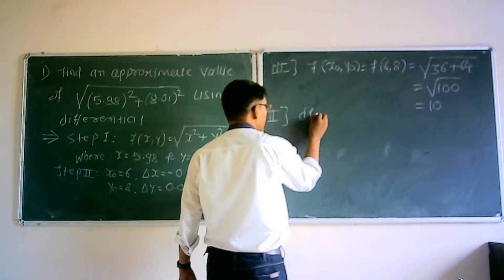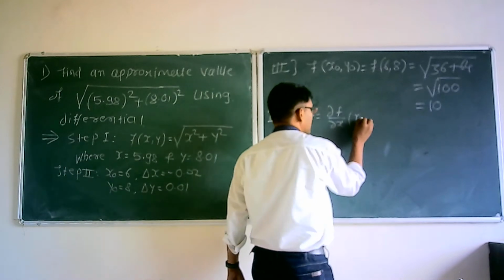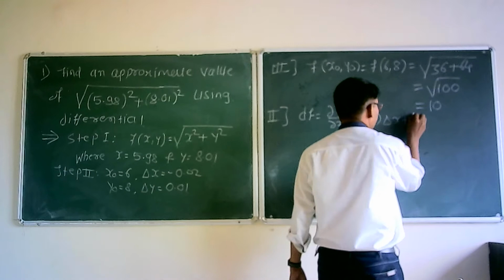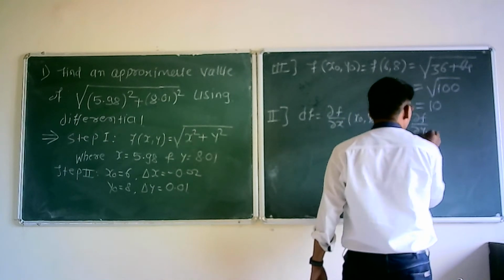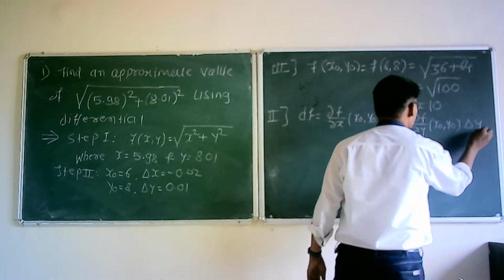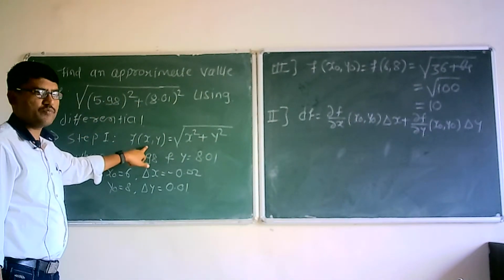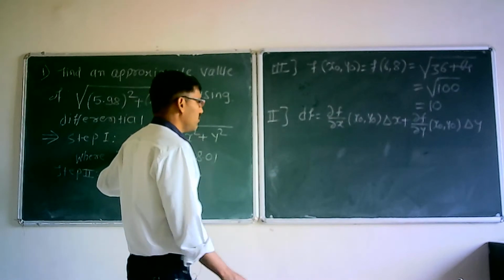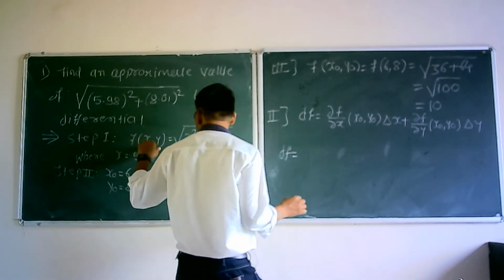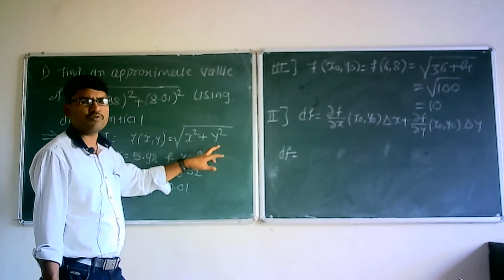The formula of df is: del f by del x at x0, y0 into delta x, plus del f by del y at x0, y0 into delta y. Okay, so here is the function f of x, y. If we differentiate this function with respect to x, we know that when you take a partial derivative with respect to x, it means y is constant.